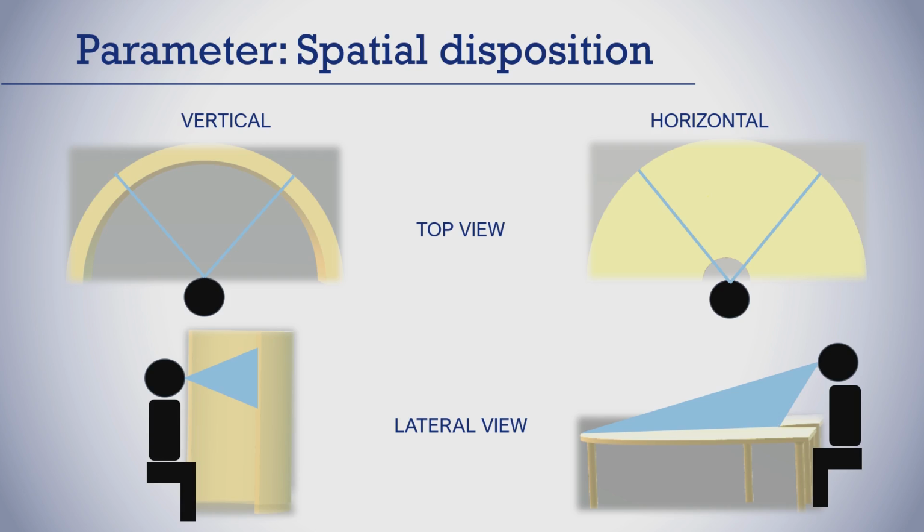Objects were disposed in a sort of matrix. We divided this area and this area in bins of 5 degrees, while we divided this area and this area in 6 distances, or 8.